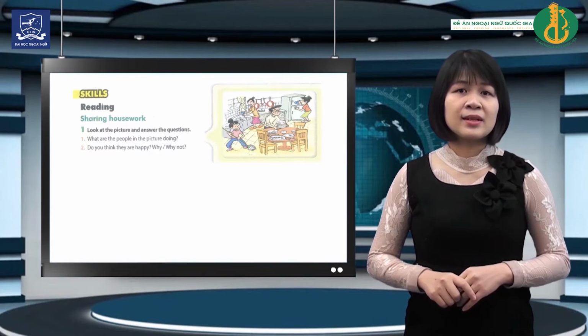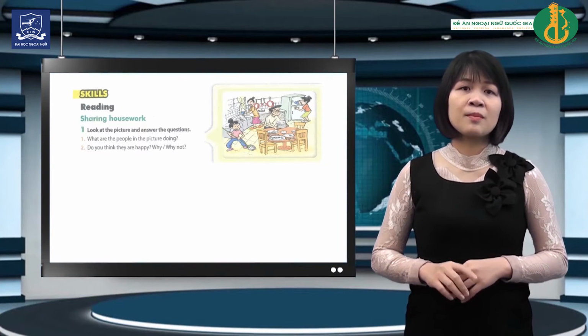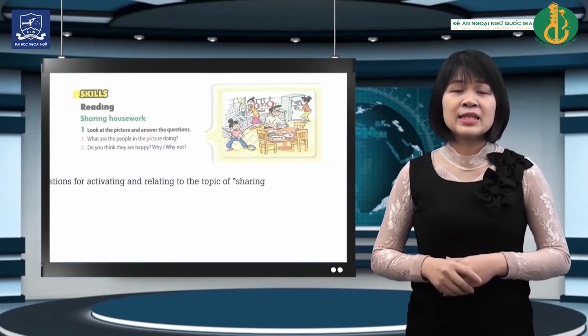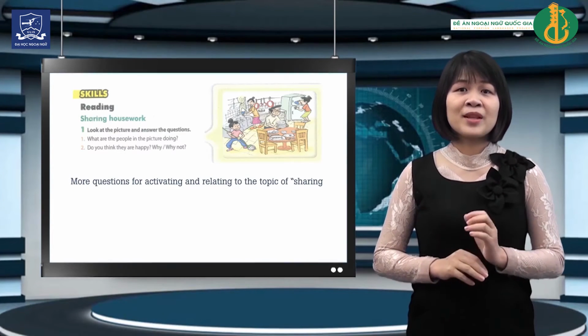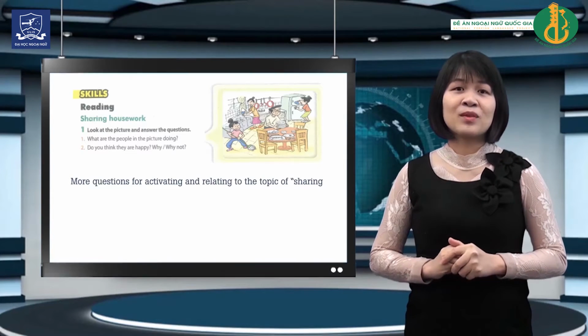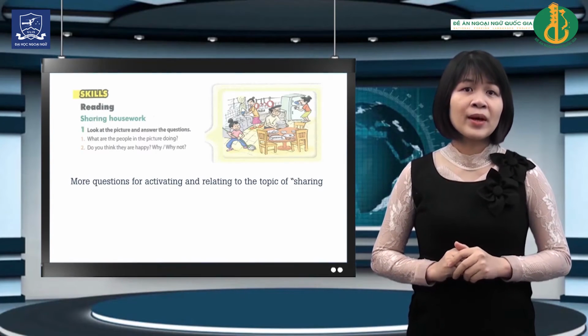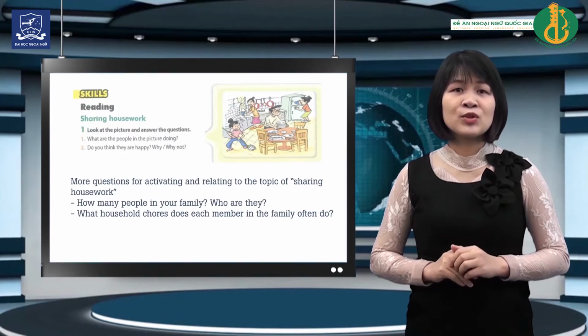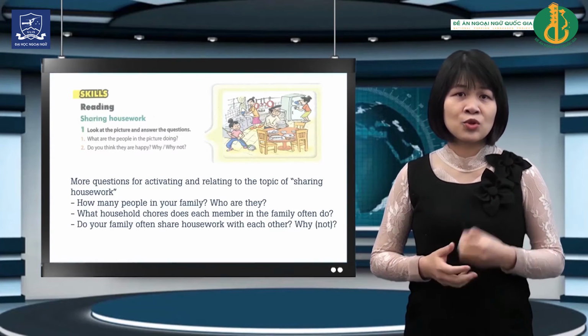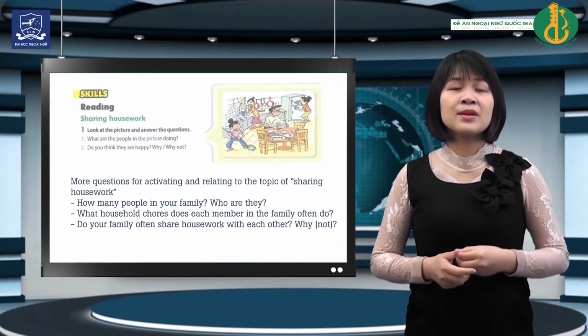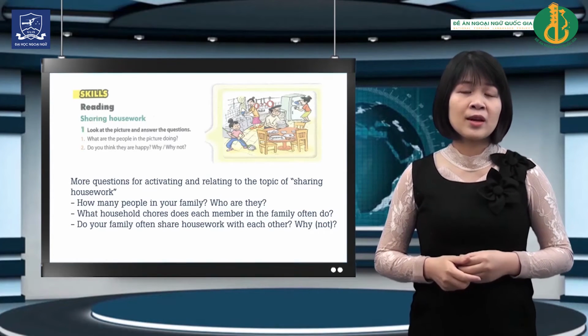However, it's better if the teacher explores the topic further by asking students some more questions concerning what they can observe from their family's daily life. More specifically, what each member in the family often does, whether family members often help each other in doing household chores, whether your family members are happy doing housework, and so on.